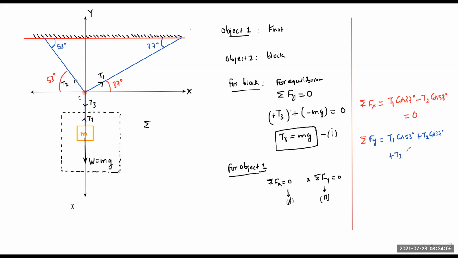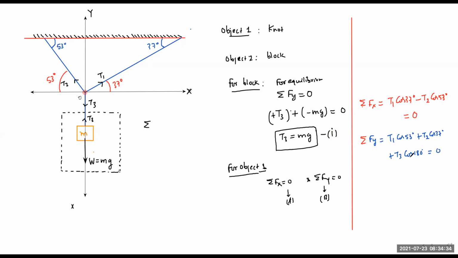You can say T3 cos 180 degree because that is the angle with the y-axis, or you can simply say minus T3 because it is acting downward and making zero angle with the negative y-axis. So that is also correct. Nothing wrong with it. Now what we are supposed to do is equate to zero.